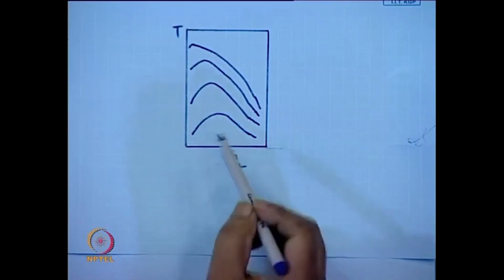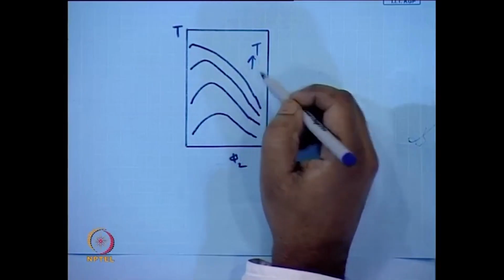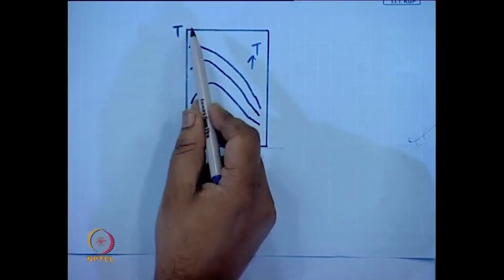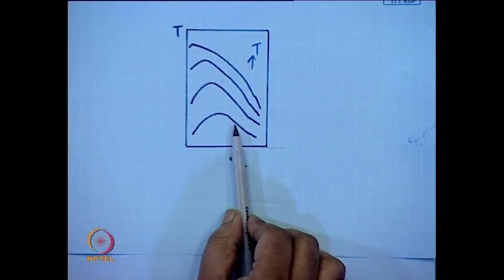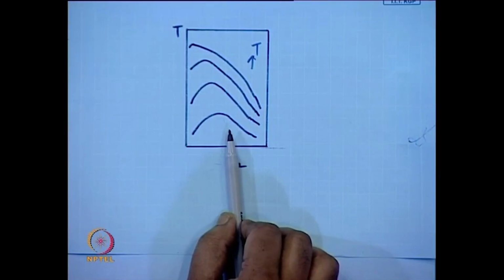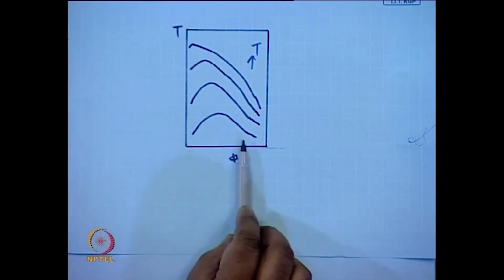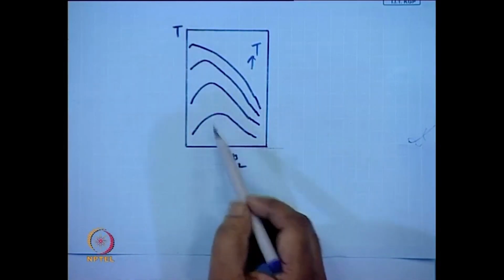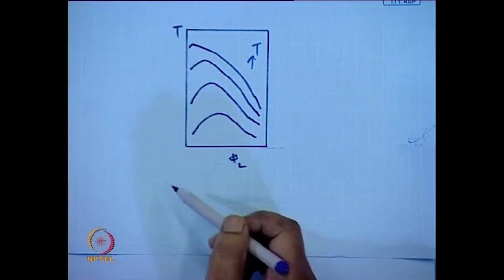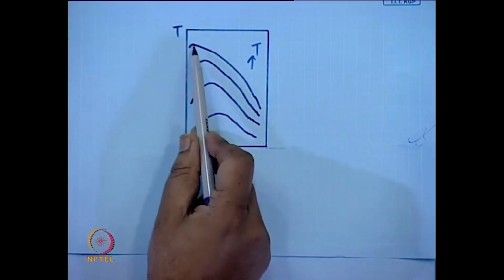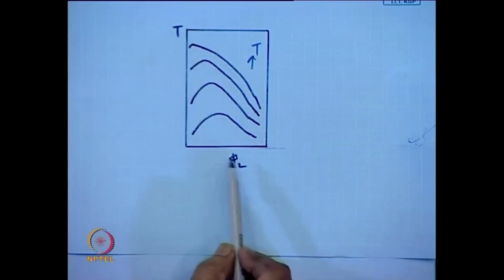As the molecular weight goes up, the critical temperature also goes down, and the critical composition at which the phase separation takes place also becomes lower. Okay. This is the experimental curve, which we just saw from theoretical calculation, that as the molecular weight goes up, T c goes up and the phi 2 comes down.